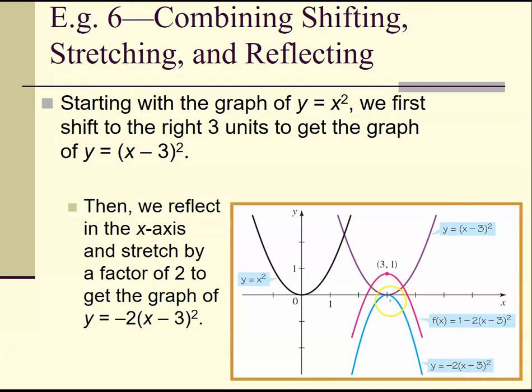So this one is the blue. But it says that f(x) is 1 minus 2 times (x minus 3) squared. So it will shift to the right, and then it will go up by 1. Again, original equation x squared, and then we have x minus 3, so x minus 3 goes to the right by 3 units, right?